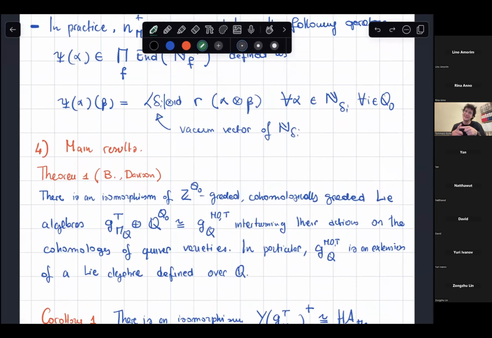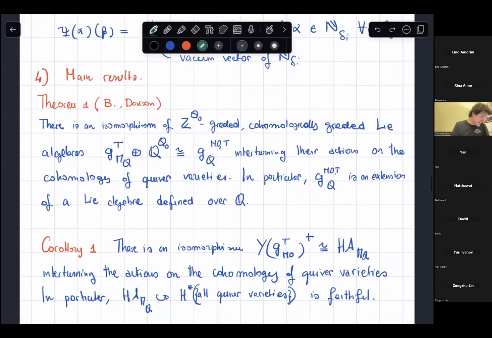However, you can do that in the theory of cohomological algebras, and you know that for different choices of T, the Lie algebras are simply related by base change. So, as an upshot of this theorem, we see that also the Maulik-Okounkov Lie algebra can be defined over the rational numbers, and we simply didn't know this because we couldn't compare it to the BPS Lie algebra.